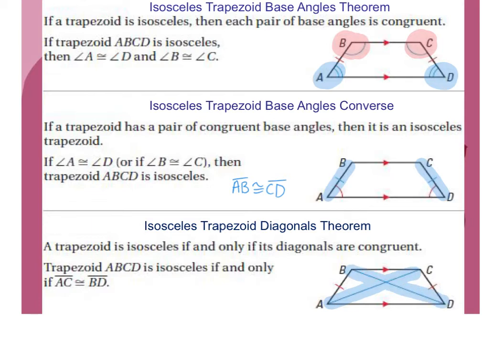Those two diagonals are congruent. What other figure has congruent diagonals? Who remembers? Square. A square. What else? Rectangle. A rectangle. Very good.